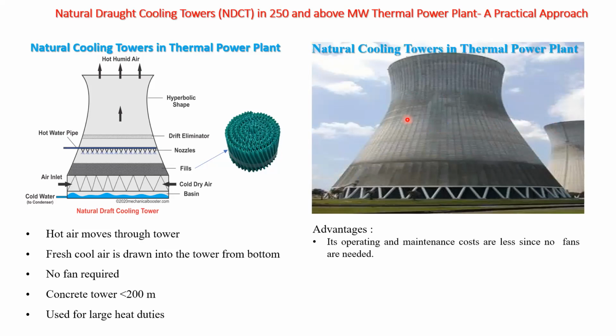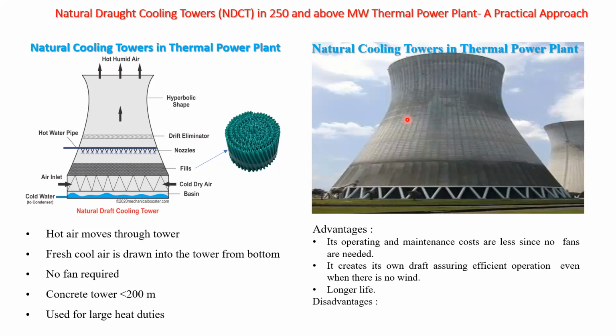Advantages: operating and maintenance costs are very low compared to others, and no fans are needed. It creates its own draft, assuring efficient operation even when there is no wind, and has a longer life. Disadvantages: higher capital cost, and performance varies with seasonal changes. Why higher capital cost?